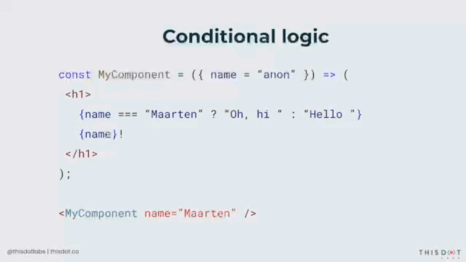And if that name happens to be my name, Maarten, it will say, oh hi Maarten. And otherwise, it will say, hello, and the name that has been passed. So with the implementation we see at the bottom, it will render, oh hi Maarten. And if we wouldn't pass any attribute, if we would just render the my component as is, it would render, hello anonymous.